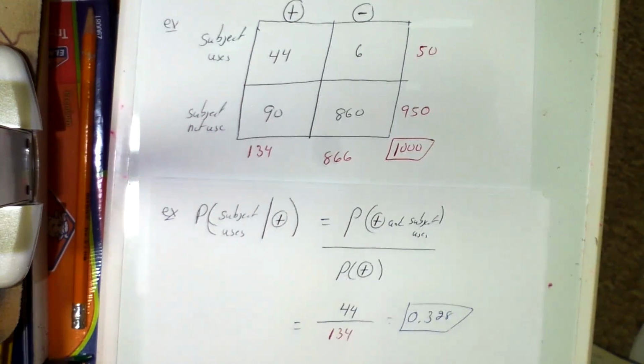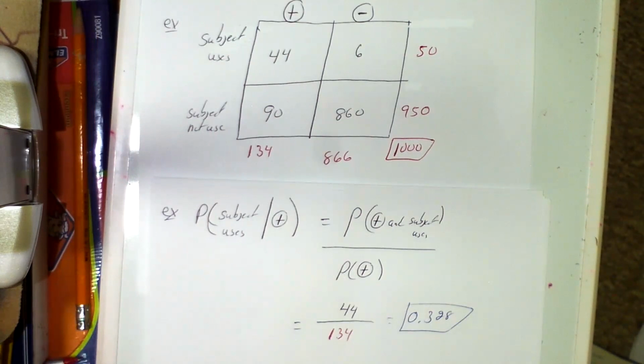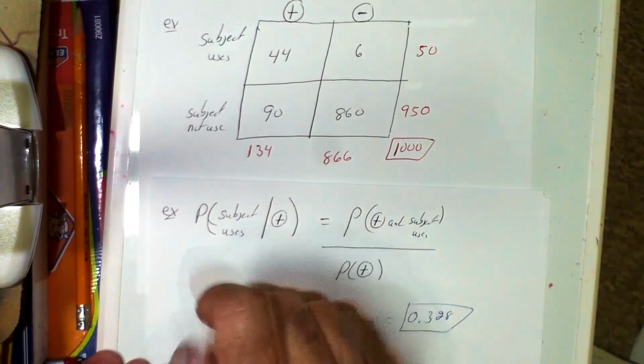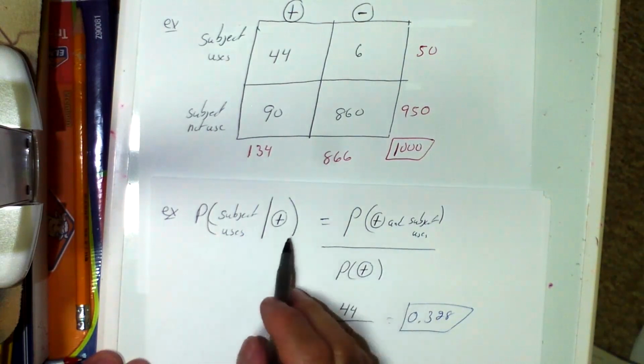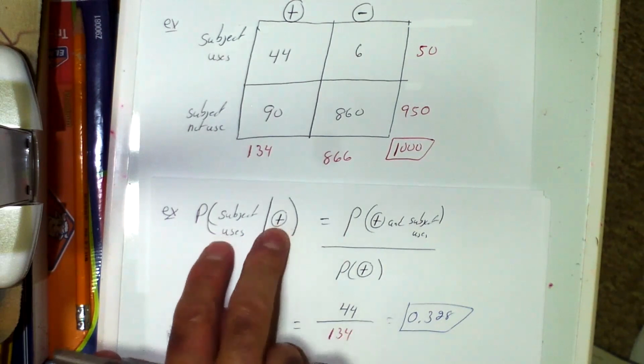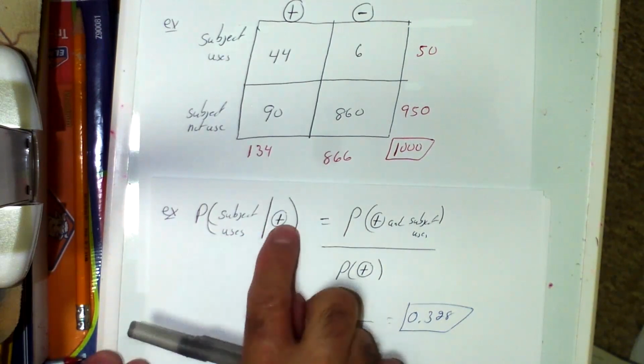Okay, let's do another one. The formula only works when you have a row, column, row. It can't be done like the disjoint. These two events cannot be the same category. They can't be subject uses, subject not uses, because it doesn't work.